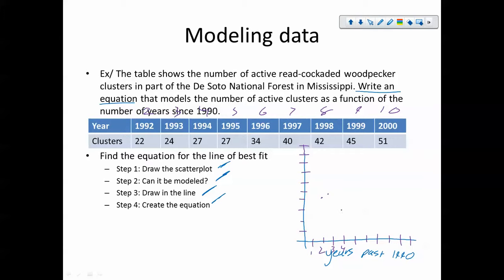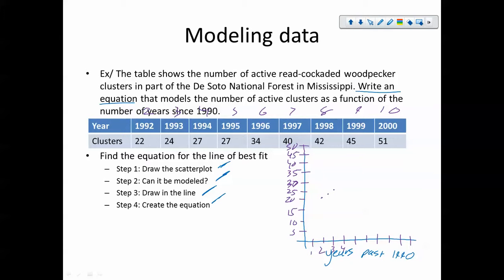And then 4, 27. I'm going to label these to make it easier for me to mark them. There's a lot of little attention to detail when you're making these graphs.